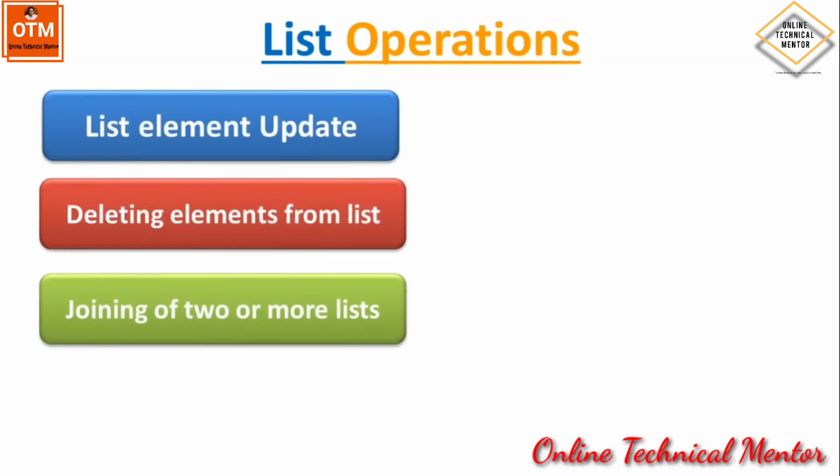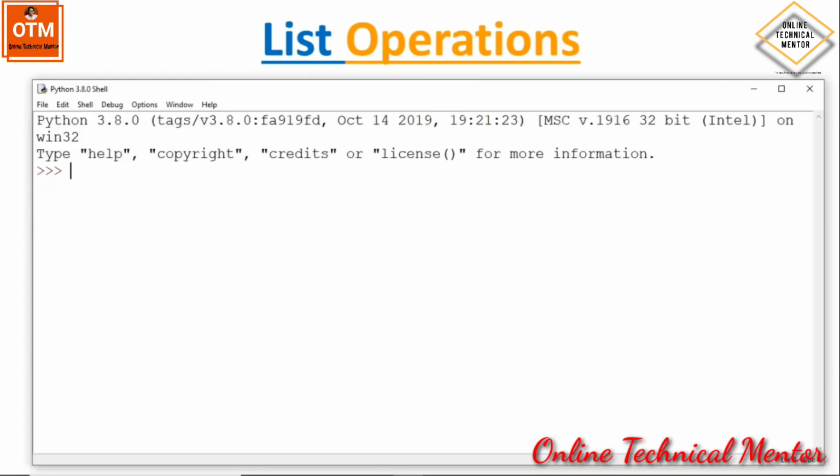Next, joining of two or more lists. For that we require a plus concatenation operator. Let me show you that with an example. Suppose list1 equal to say 1, 2, 3 and list2 equal to 4, 5, 6.